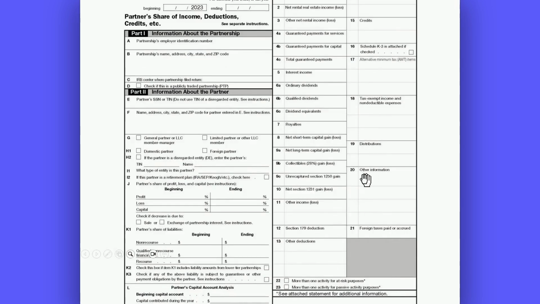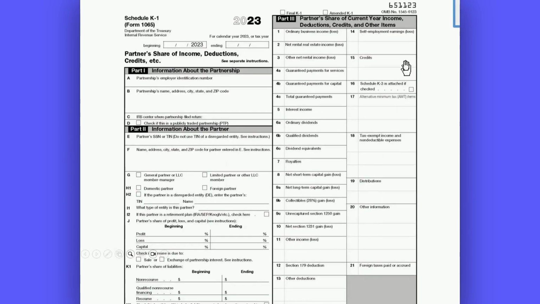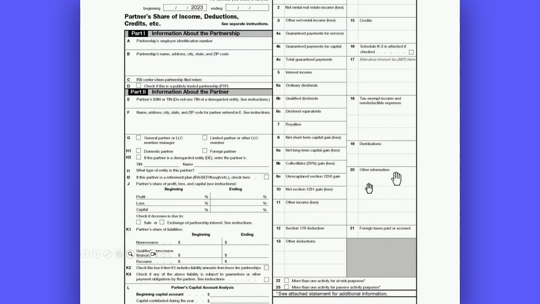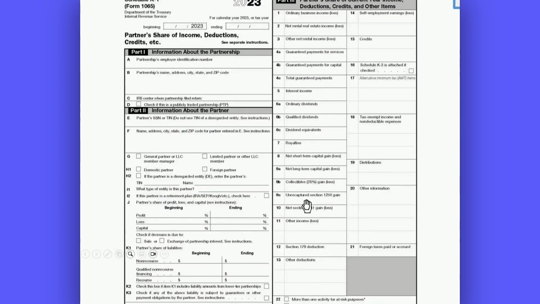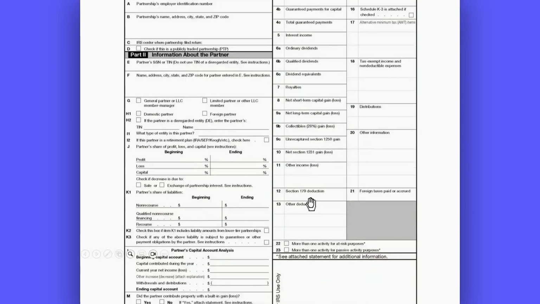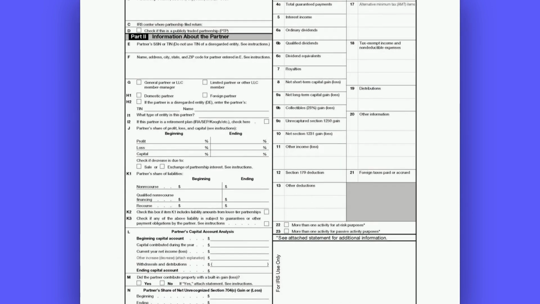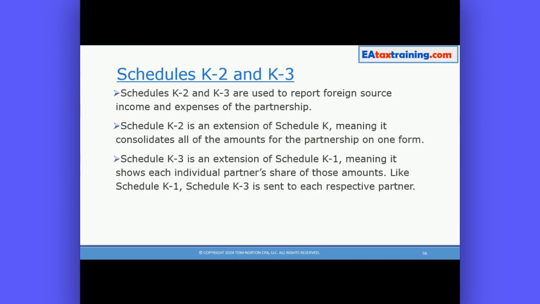Other deductions, other information, etc., can be listed. So if you have any of those special, rare items, they can be listed in the other sections. But all of these things will come out to them from the partnership, their distributive share of each of these, so that they can file their tax return. So that is what the Schedule K1 looks like.